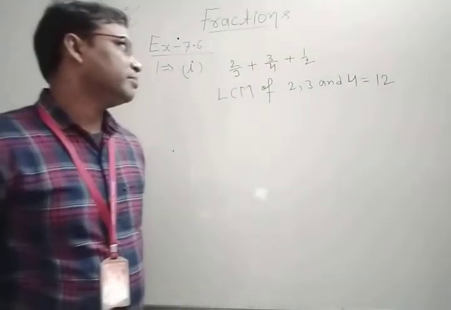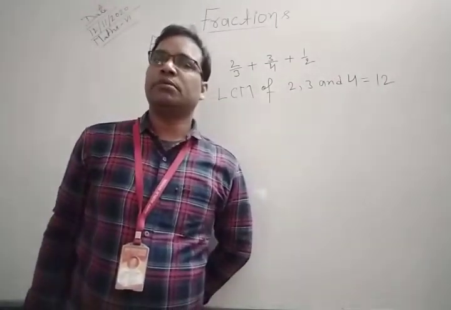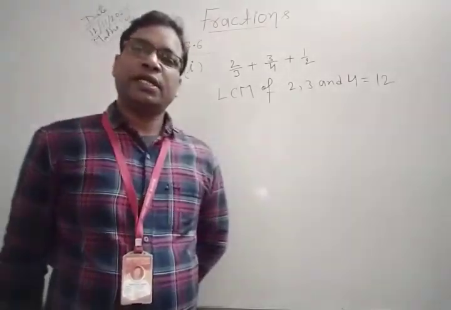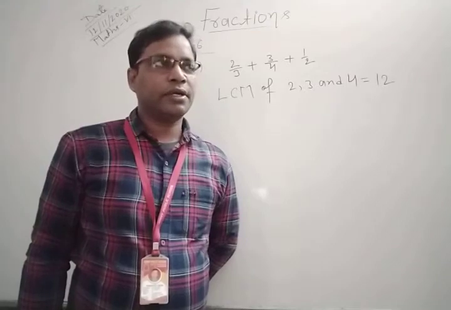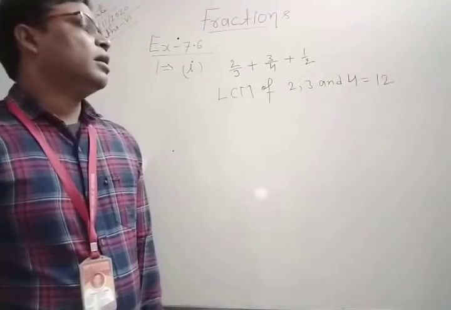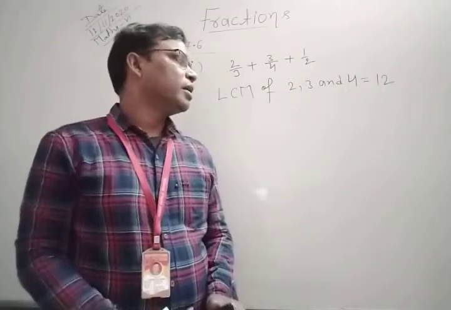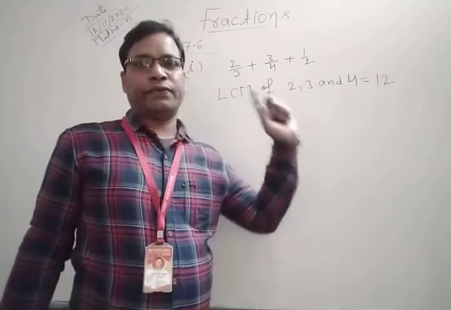How to find LCM? Here you can see 2 is a prime number, 3 is a prime number, 4 is a composite number. So we select the smallest number that is a multiple of all these numbers, divisible by all these numbers. So here you can see 12 is the smallest number that is a multiple of 2, 3 and 4.